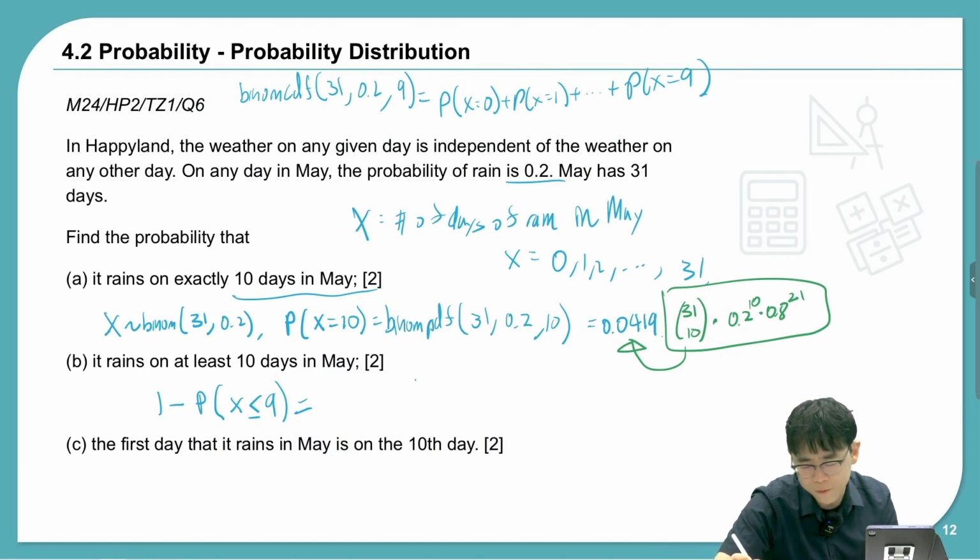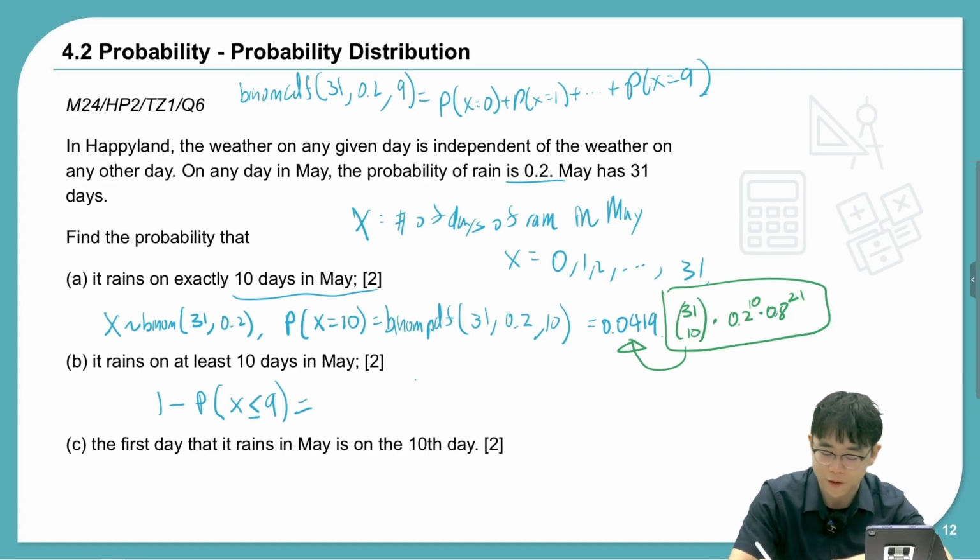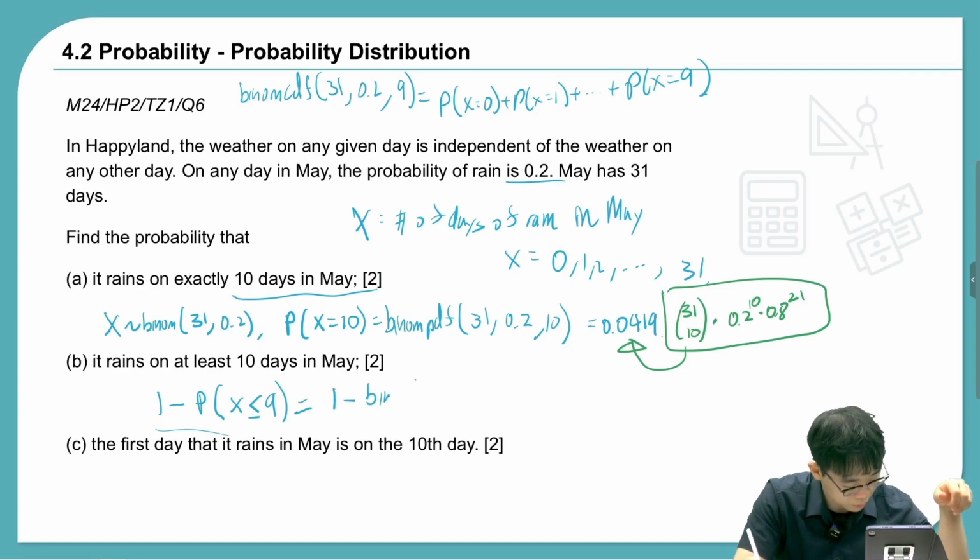And unfortunately, for the older model calculators, you can't just adjust this so that we can find if X is 10 to 31, right? So oftentimes you might have to do complementary events. So that means we could do 1 minus binom CDF, right? And then we'd have 31 days, probability 0.2, and then 9 here.